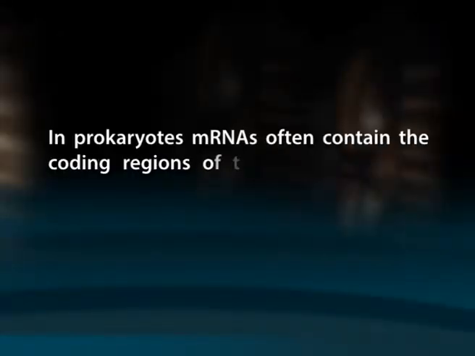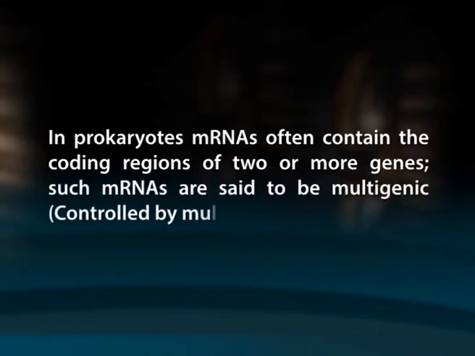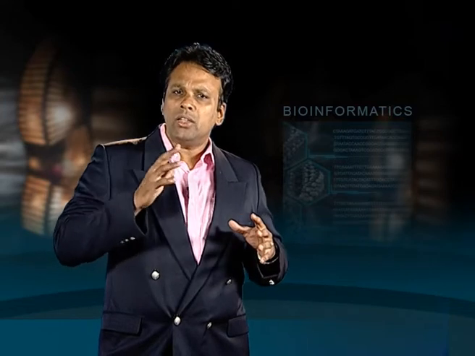In prokaryotes, mRNAs often contain the coding regions of two or more genes. Such mRNAs are said to be multigenic, that is, controlled by multiple genes. On the other hand, many of the eukaryotic transcripts that contain the coding region of a single gene are monogenic.